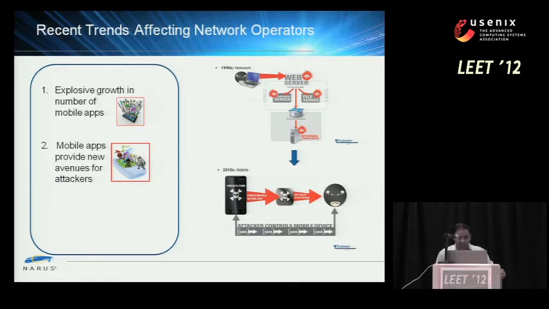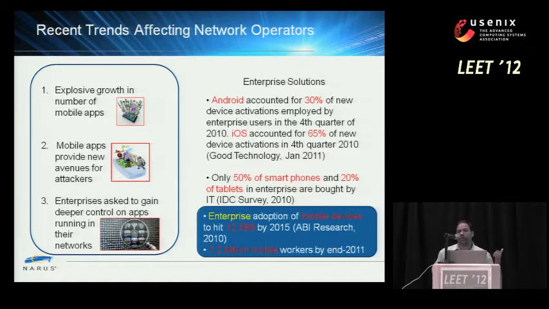So what this means is that enterprise operators are being increasingly asked to gain deeper controls on the apps which are running within their networks. But sadly, the reality of the situation is that currently network operators have little or almost no visibility into what applications are running in their networks.